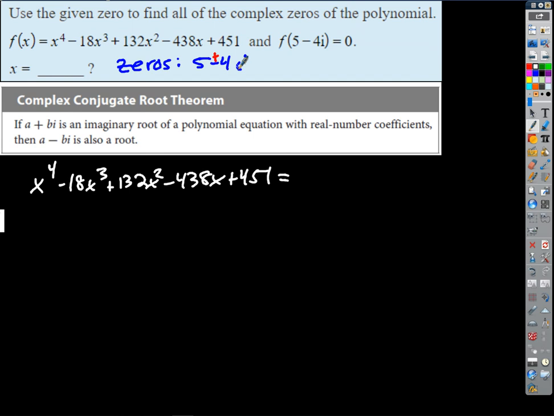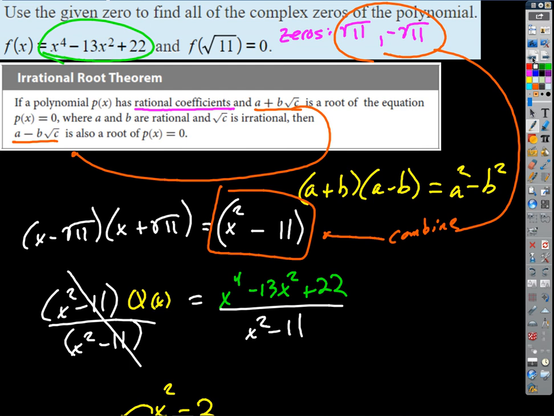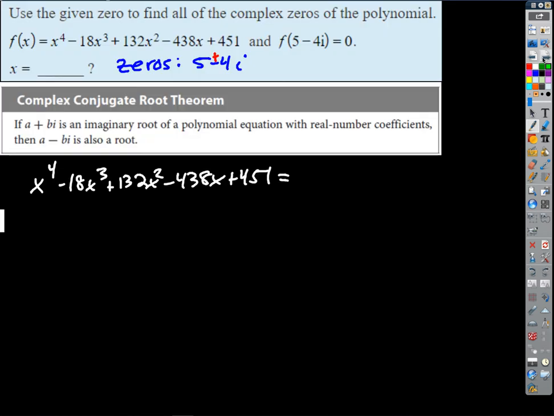So how would we do that? Well, what's the factor that goes with 5 minus 4i? The factor that goes with that zero, right? Like in the last problem, we said that if the square root of 11 was a zero, then x minus the square root of 11 is the corresponding factor, by the factor theorem. So applying that same logic, everybody agree?